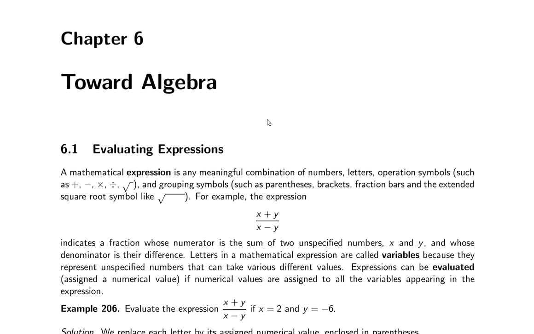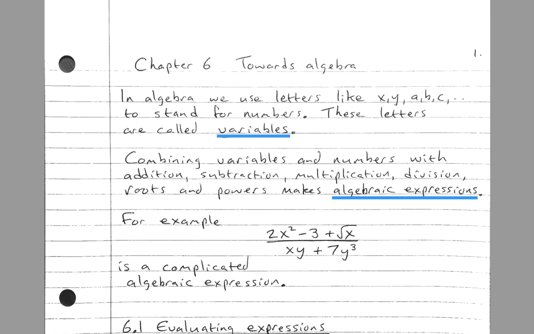We made it to the last chapter, going towards algebra. And the main idea in algebra is we're using letters like X, Y, A, B, C, any letter, even Greek letters, to stand for numbers.